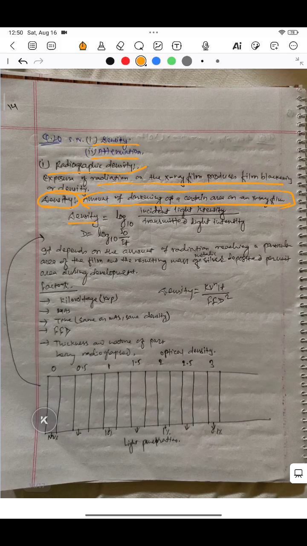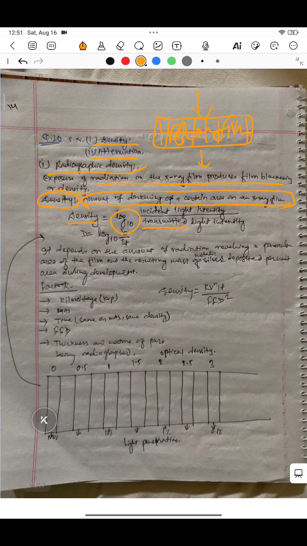So density is log 10 of the incident divided by the transmitted. Suppose this one is the film, and this one is the incident, and how much it has traversed, so how much it is blackened, that is the film density.